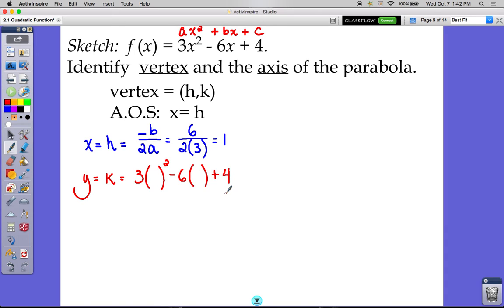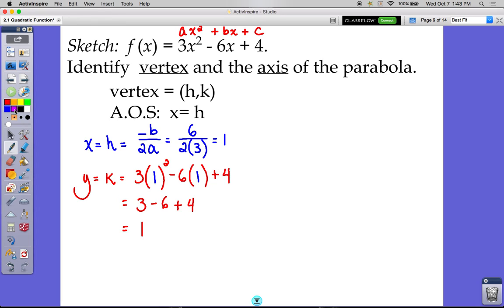The number I just found, the 1, goes in to find the y value, or the k value, of my vertex. So now I have this equals 1 squared times 3 minus 6 plus 4. So 7 minus 6. Well, that's nice. So now I found my vertex.